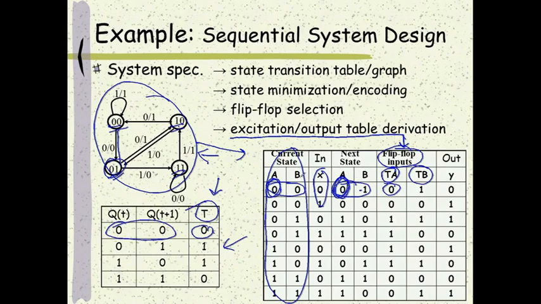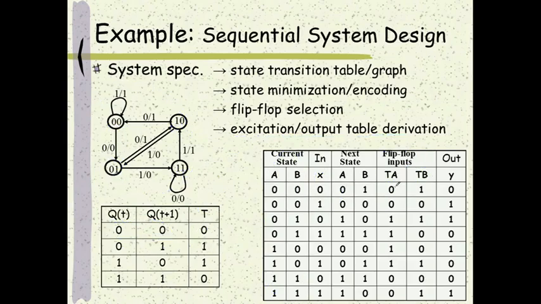However, for the second flip-flop, B, it changes from 0 to 1. So from the excitation table, we know that to enable the T flip-flop to go from 0 to 1, I need to set the T input to a 1. So that is why I put a 1 here. So this is the way we build this excitation table and output table.